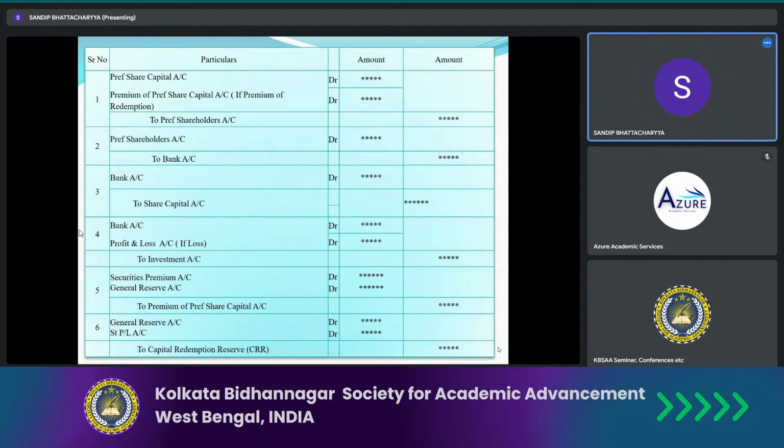New category means the preference dividend cannot be the same, it will either be reduced or elevated. It may be the ordinary share, that is the equity share, or a new category of preference share, whatever it may be. If you do not have sufficient liquidity or funds, you are supposed to proceed with your redemption out of the fresh issue.